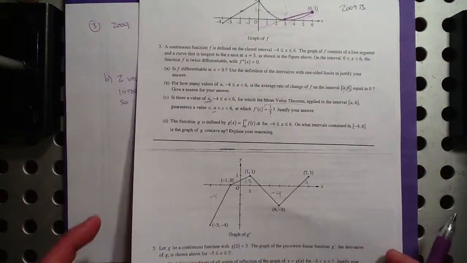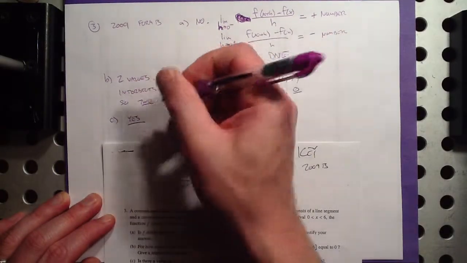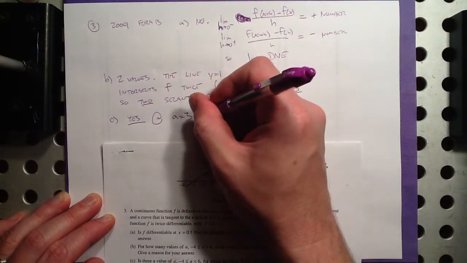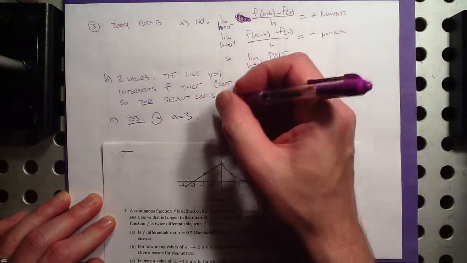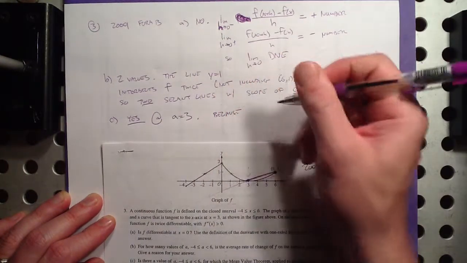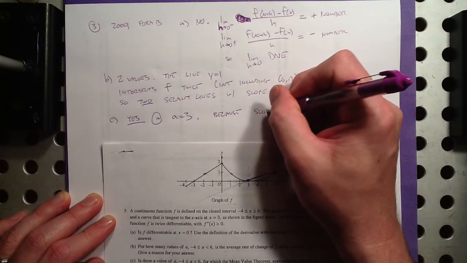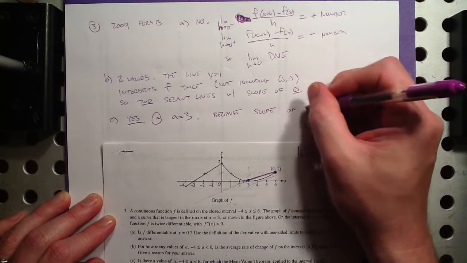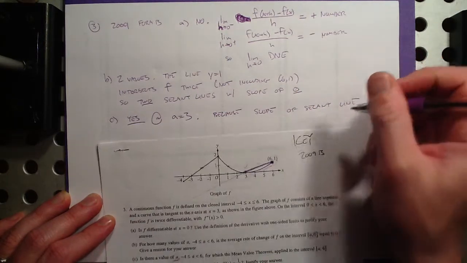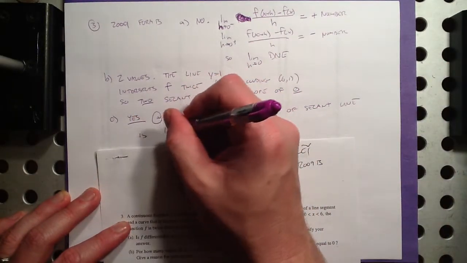So we would say, yes, at a equals 3. And we would say, because the slope of the secant line is 1/3.